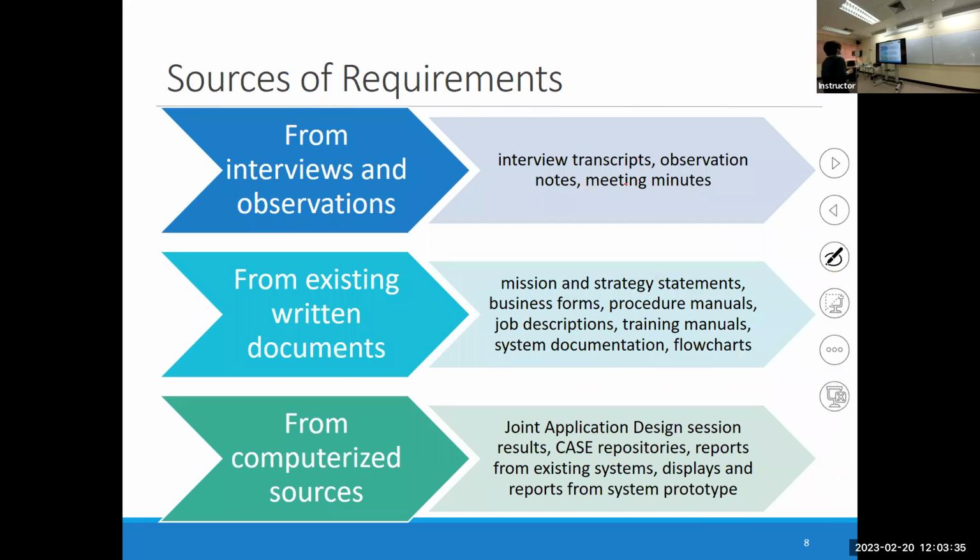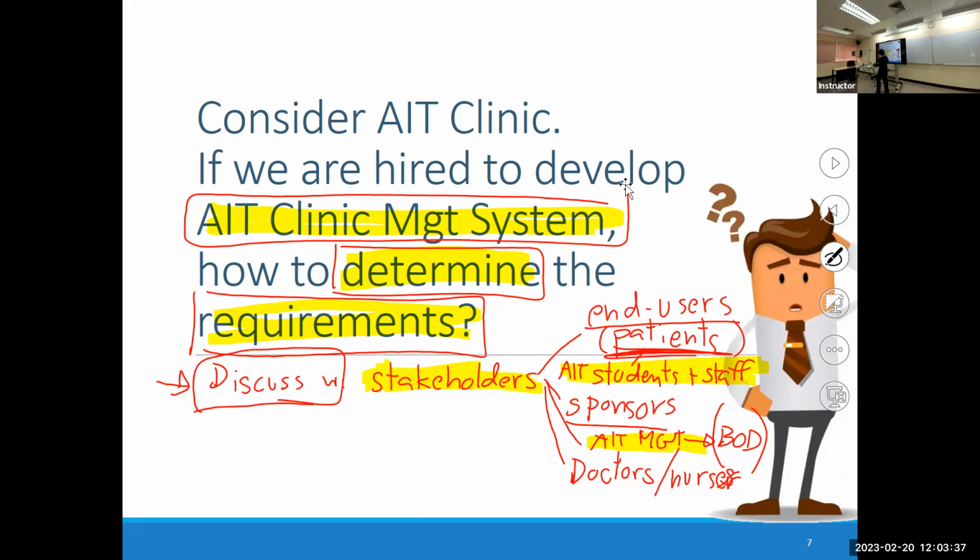So the questions you need to understand definitely must be about requirements. And when we use the word requirements, I mean system requirements, information system requirements, that is AIT clinic management system requirements.